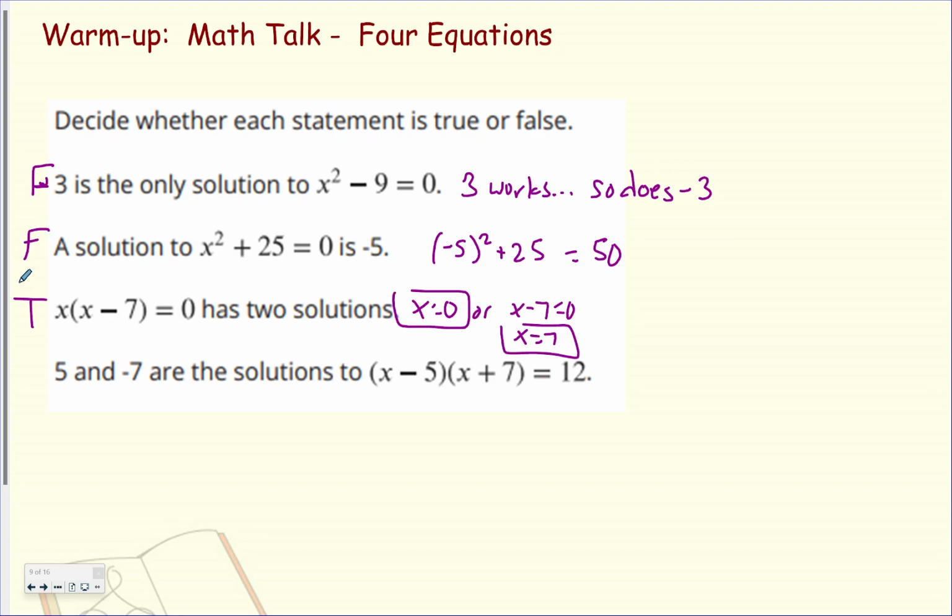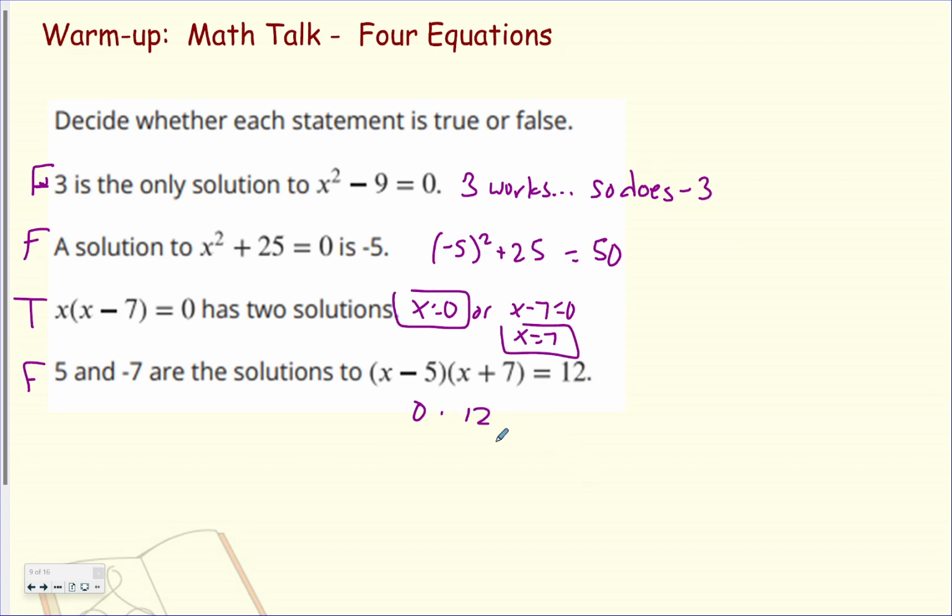Last one. 5 and negative 7 are the solutions to x minus 5, x plus 7 equals 12. Oh, is this the zero product property? Is this a 12 product property? There is no 12 product property. This one's false. And you can prove it just by plugging one of them in, right? If you plug in 5 for x, remember that you'd be plugging 5 into both factors, and you get 0 times 12, which is not 12.